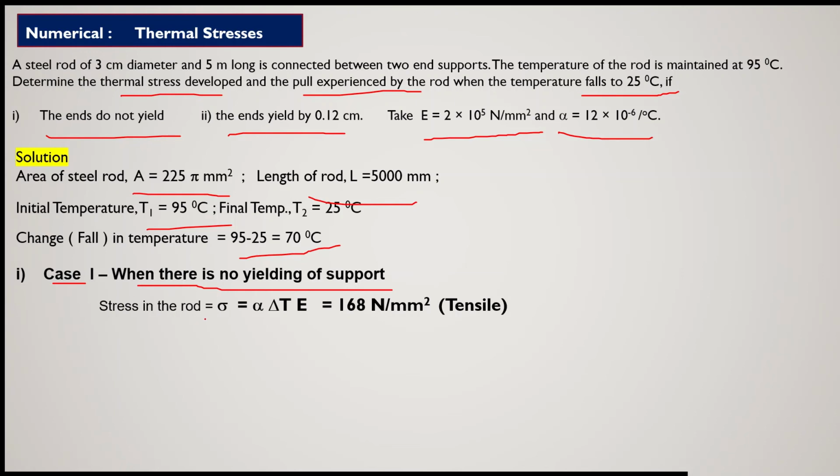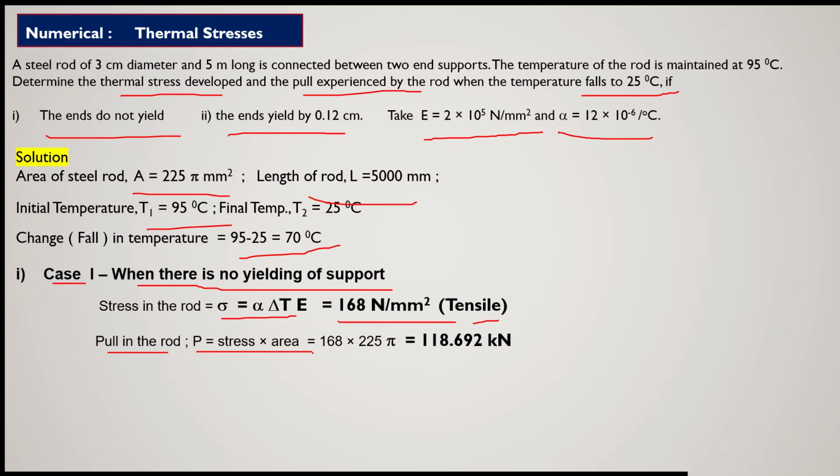So the stress in the rod will be given by this formula, and after putting in the values we get the stress in the rod due to the change in temperature as 168 Newton per millimeter square, which is tensile in nature. Now the pull in the rod, that means the force acting on the rod, is stress into area: 168 into 225 pi.